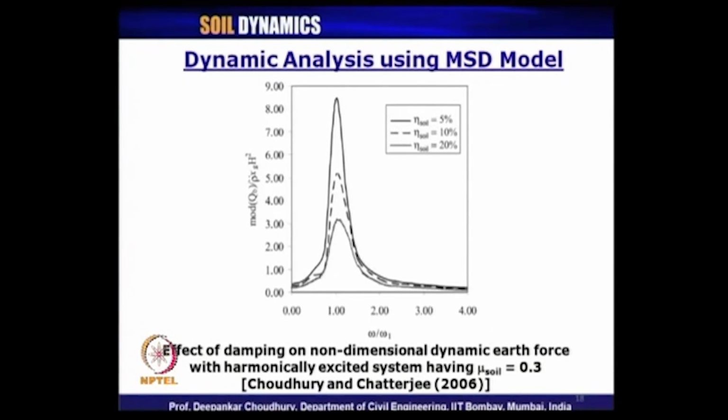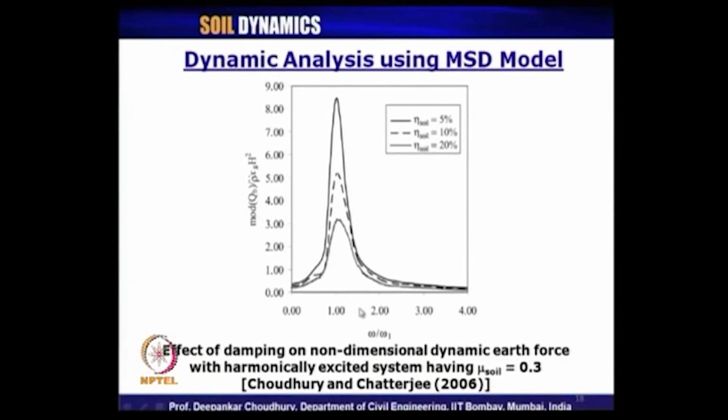How many natural frequencies will we get here? We have considered a 2 degrees of freedom system, so obviously we will get 2 natural frequencies. Among them, which natural frequency should we use? The fundamental natural frequency. What is the fundamental natural frequency? Among the 2 natural frequencies, whichever is the lowest one is the fundamental natural frequency.